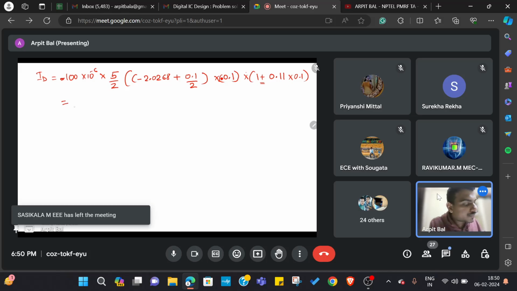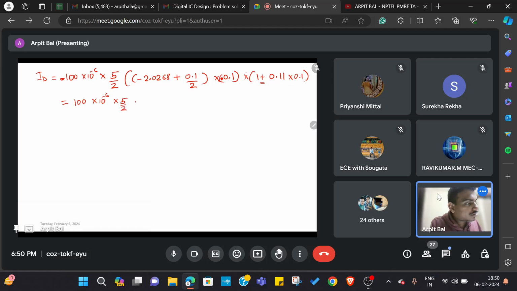I'll have 100 into 10 power minus 6 into 5 by 2 into 0.1 into the magnitude 1.9768 into 1.011.